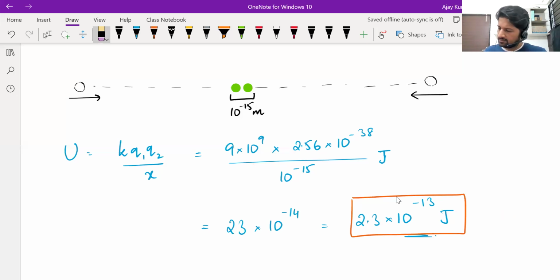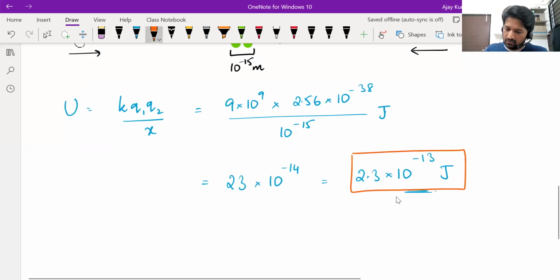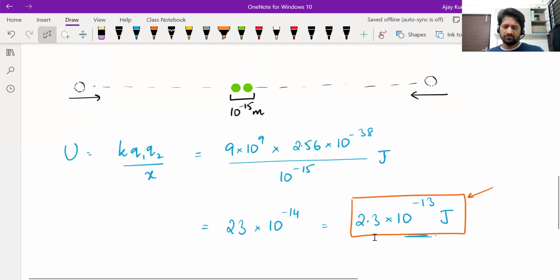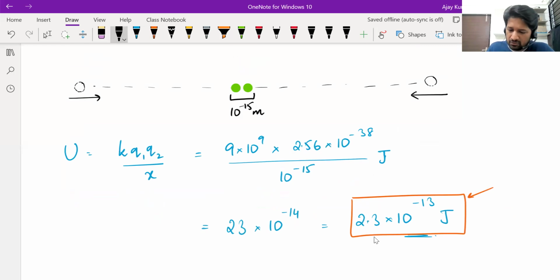But see, this is the potential energy, or the energy we need to supply for two protons to fuse. And it's not guaranteed that if you give this much energy, they will definitely fuse. For them to fuse, they should be moving exactly towards each other. You can't hold a proton and make it exactly move towards another proton. It should happen by chance only.